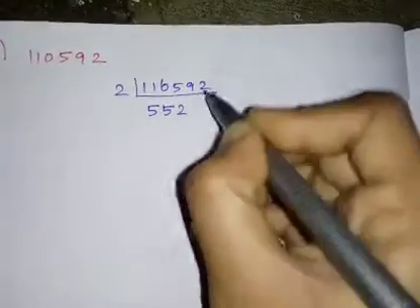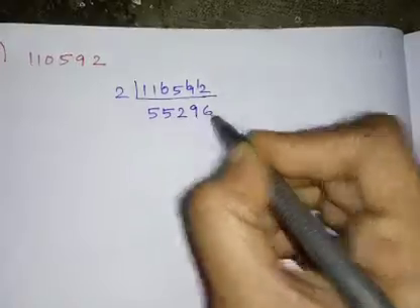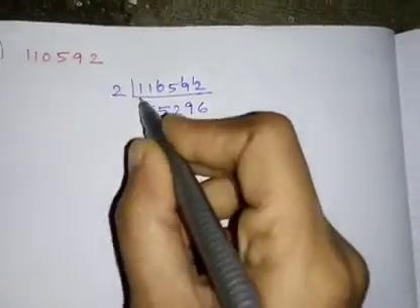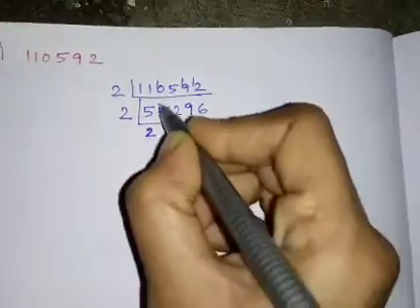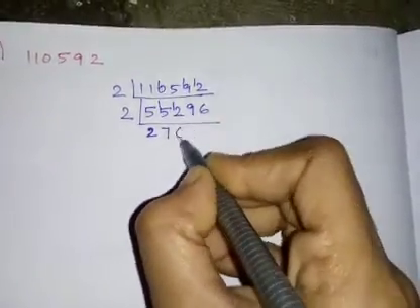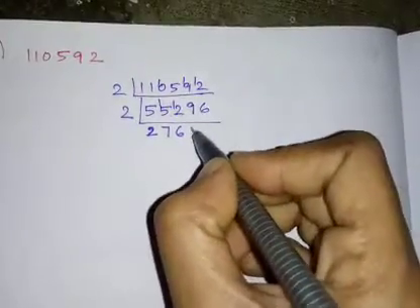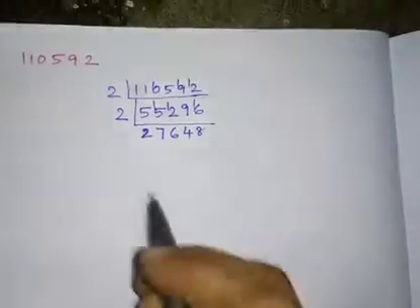Okay, then 2 2s are 4, remainder 1, 9 2s are 18, remainder 1, 6 2s are 12. Then again with the 2 table, 2 2s are 4, remainder 1, then 7 2s are 14, remainder 1, 6 2s are 12, then 2 4s are 8, remainder 1, 8 2s are 16.